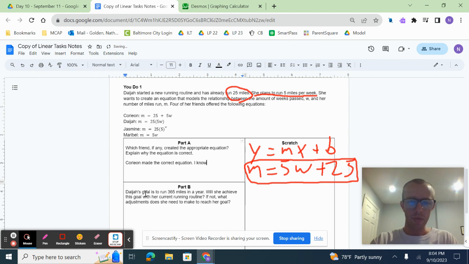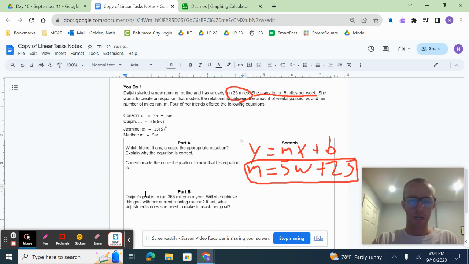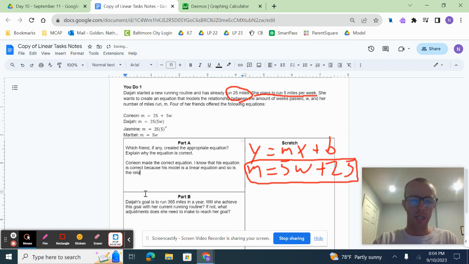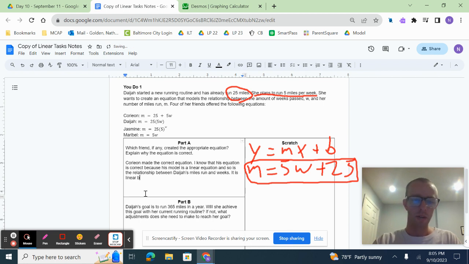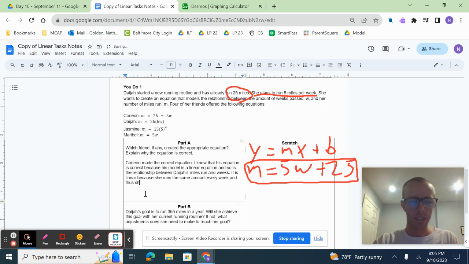I can say, I know that his equation is correct because his model is a linear equation, and so is the relationship between Deja's miles run and weeks. Right, it's linear. Now, how do I know it's linear? It is linear because she runs the same amount every week, and thus it demonstrates a constant rate of change.